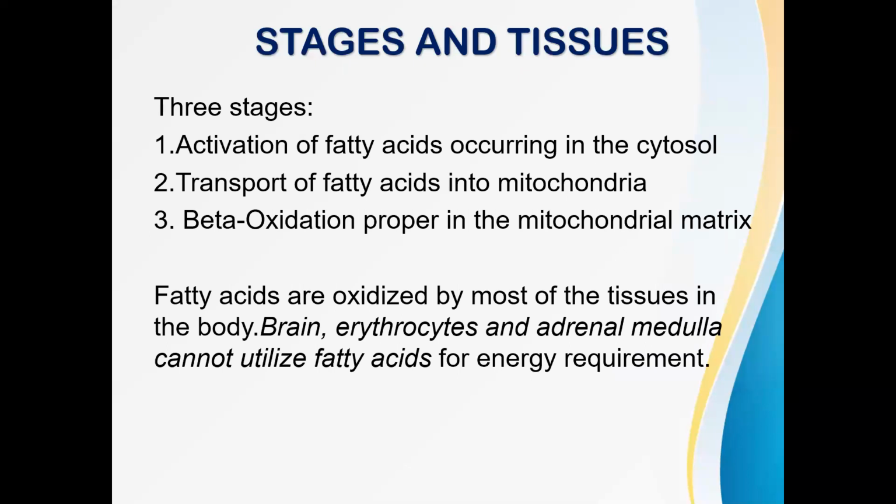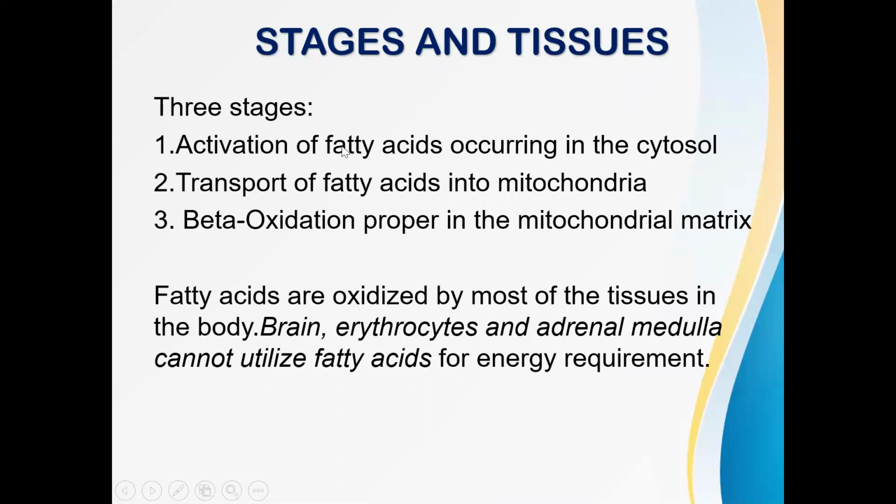There are three stages in this beta oxidation. First stage is activation of fatty acid that occurs in cytosol. Then once this fatty acid is activated, that gets transported into mitochondria. Then beta oxidation proper. There are four reactions involved in this beta oxidation proper.